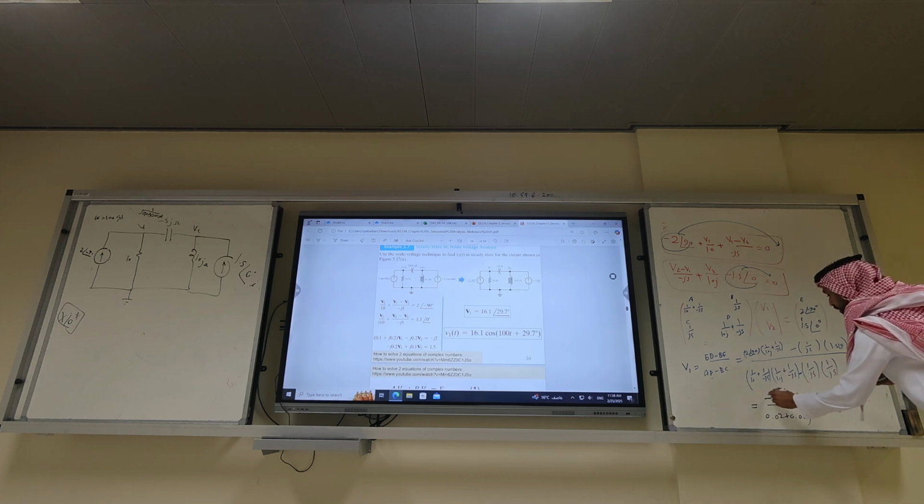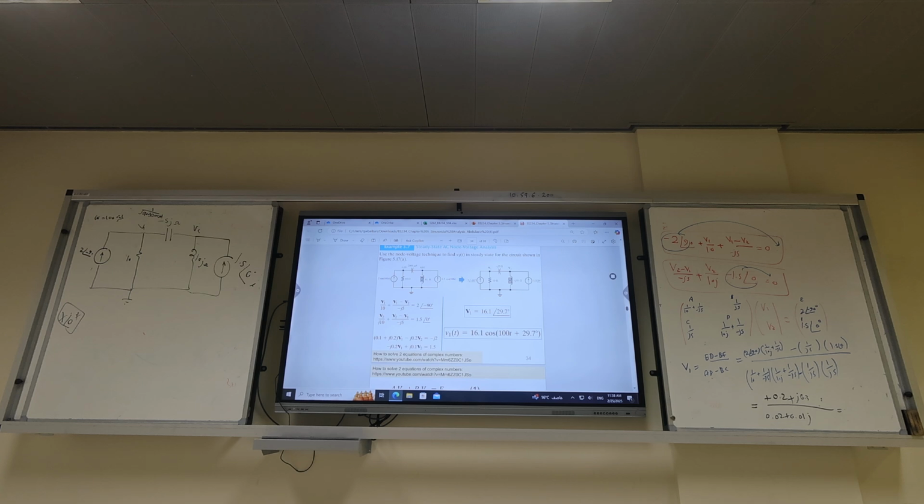That will be 0 plus 0.2. So 0.2 plus 0.3j divided by 0.02 plus 0.01j. That will be 16.1 angle 29 degrees. The unit is volts.